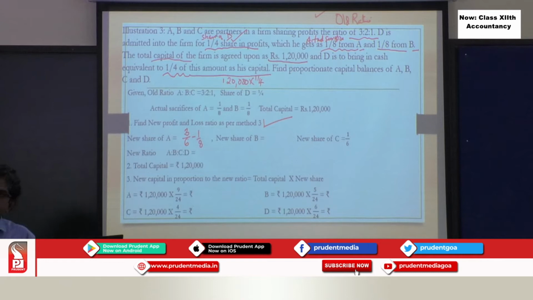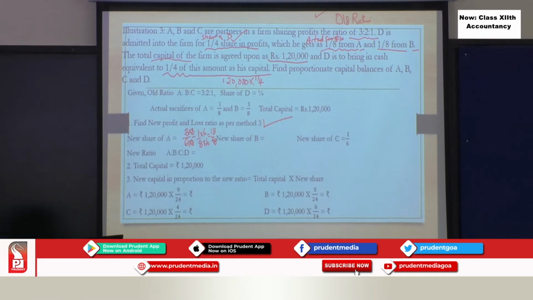You can find the LCM or you can go in a simple method. The alternative method is to multiply this denominator with 8, the denominator of the second figure, so the numerator also we will multiply, and multiply 1/8 with the denominator of the first fraction, that is by 6. So, the denominators become equivalent now. What is the answer you are getting? 3 into 8 is 24 upon 48 minus 6 upon 48. So, you will get 18 upon 48.